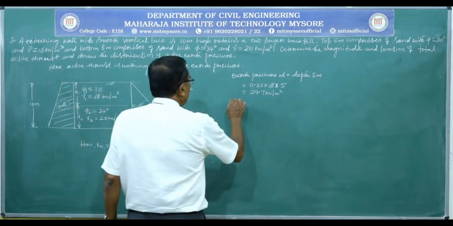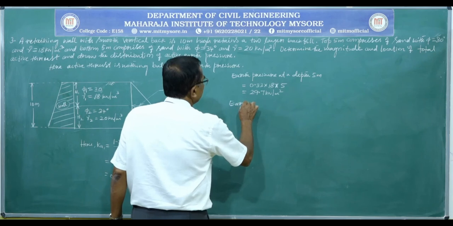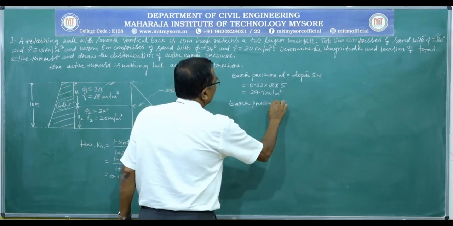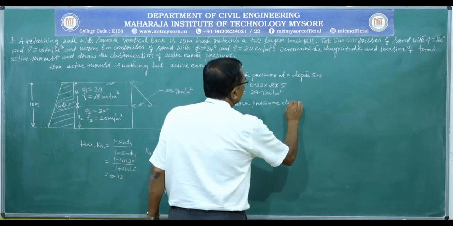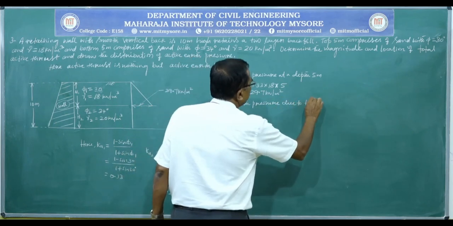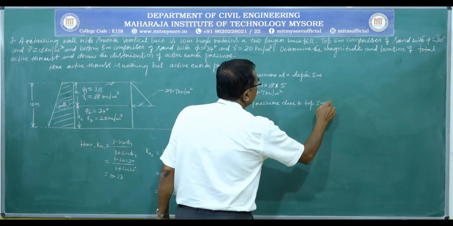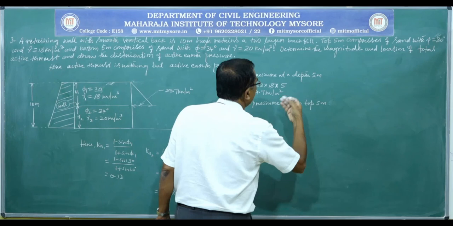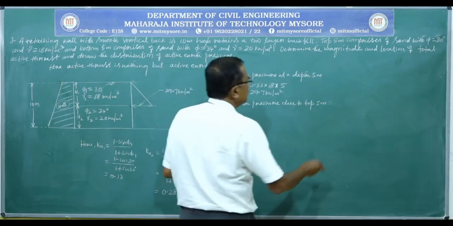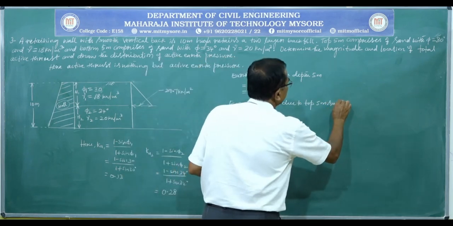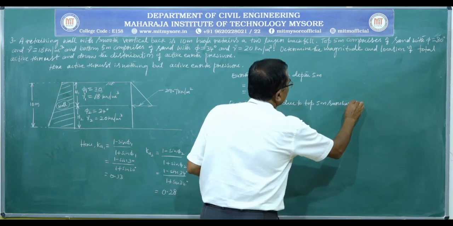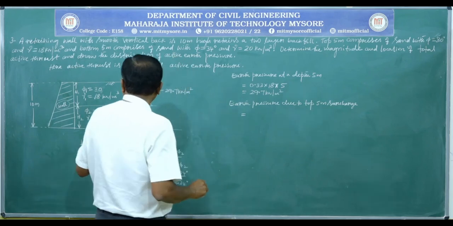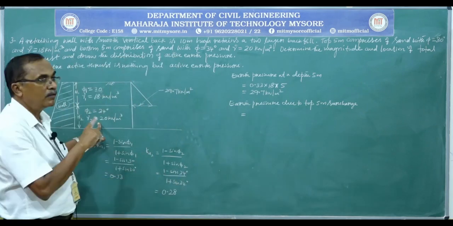Next, earth pressure due to top 5 meter soil, due to top 5 meter surcharge, is equal to Ka2 into gamma 1 into H1.